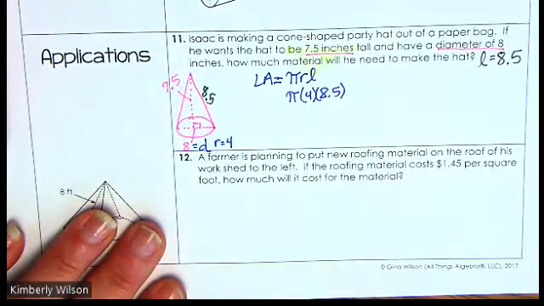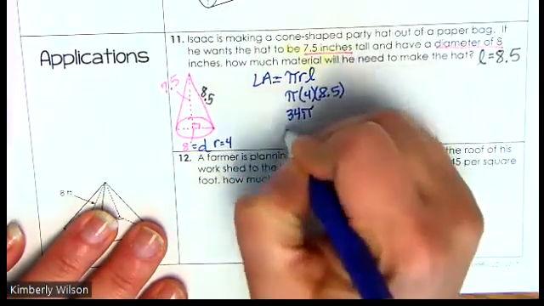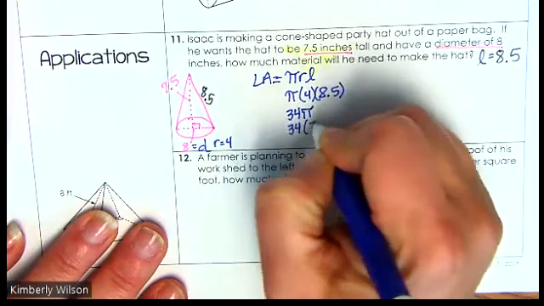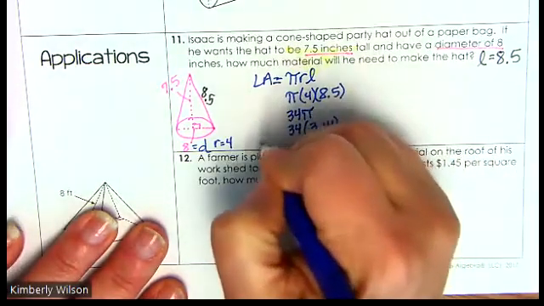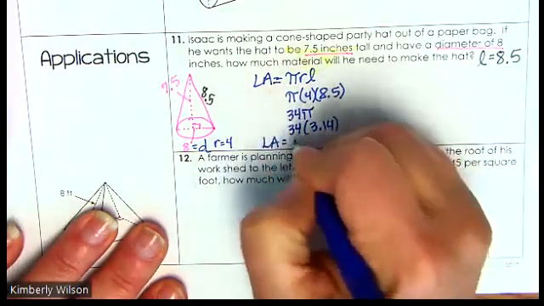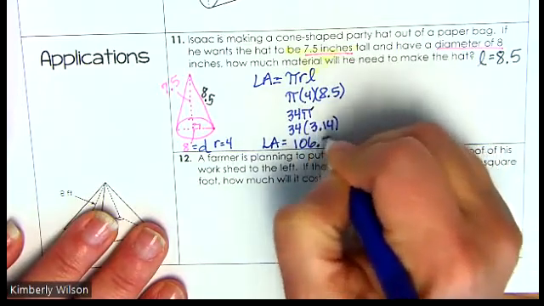So I'm going to have 4 times 8.5, which gives me 34 pi, and then I have 34 times 3.14, which gives me that my lateral area is 106.76.